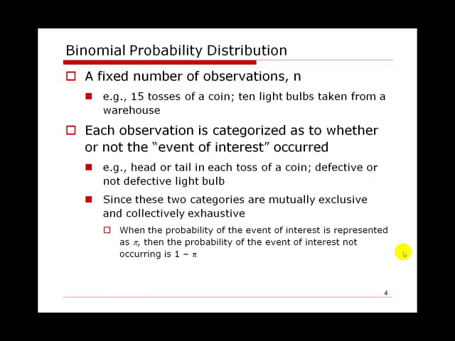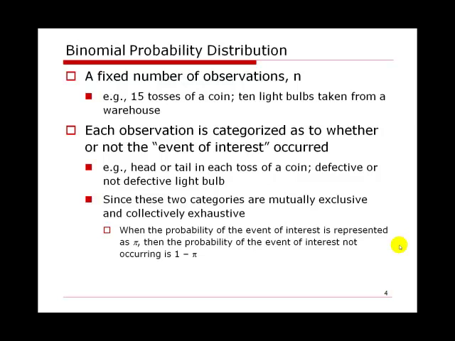The first one is there is always a fixed number of observations. For example, if we're trying to study the number of heads we can get from a certain number of tosses of a coin, then the number of tosses of a coin is a fixed number of observations. Or if we are trying to do quality control and we examine the defect rate for a given output batch, then the number of items in this given output batch is the fixed number of observations.